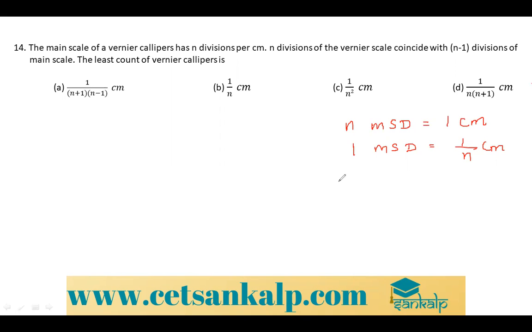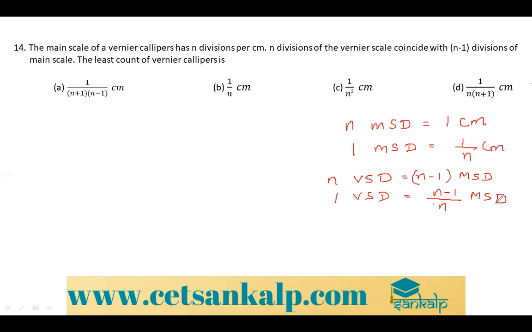Okay, now coming to the vernier. So n VSD, what is it? n vernier scale divisions is equal to n minus 1 main scale divisions. Now for 1 VSD it is n minus 1 divided by n MSD.